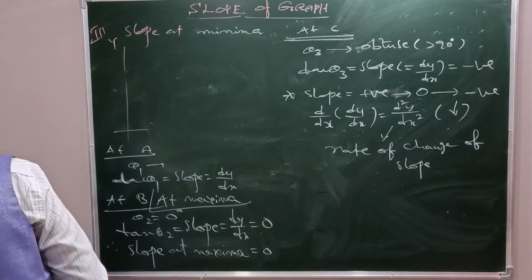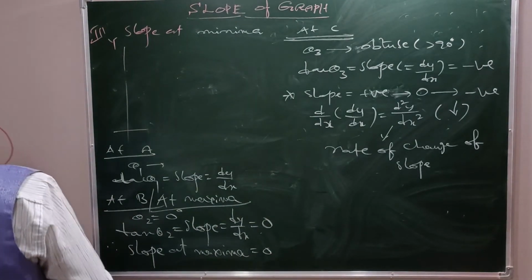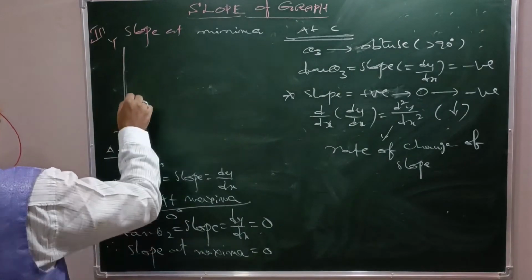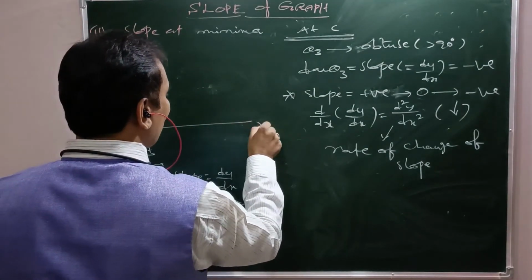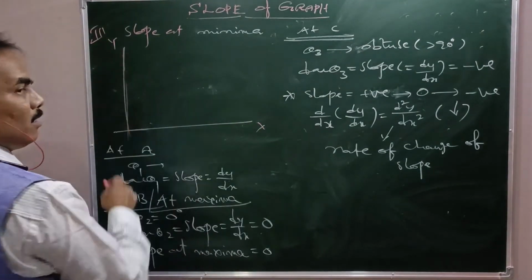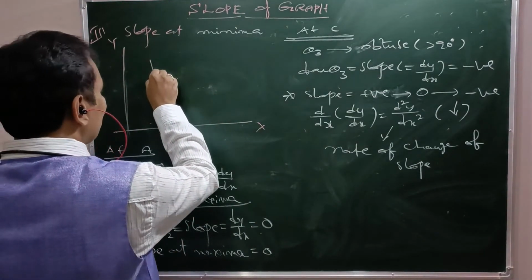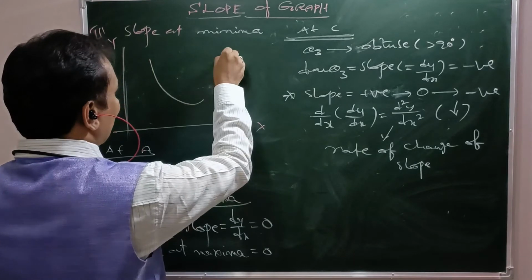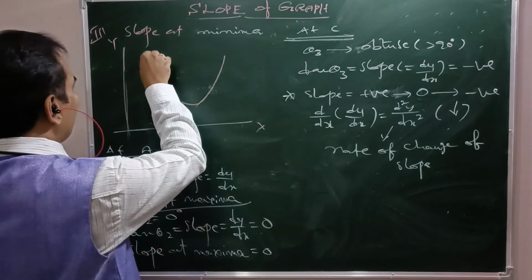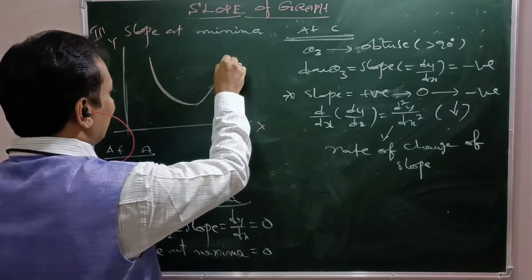Suppose there is variation of y with respect to x as shown. This is the variation of y with respect to x.